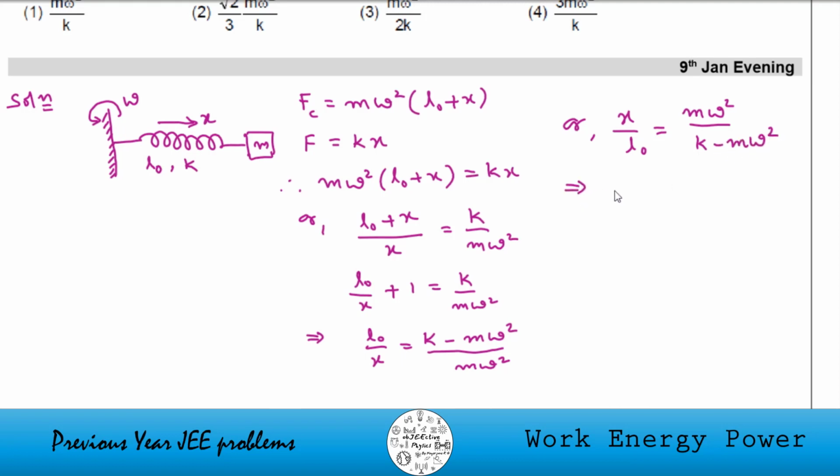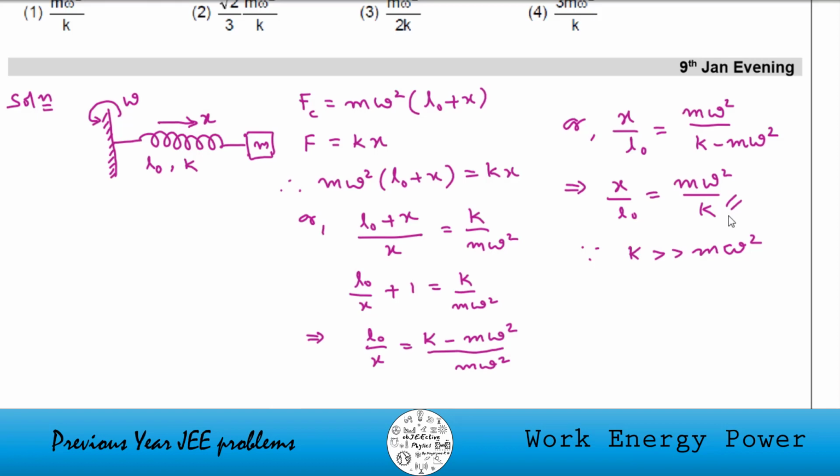So x divided by L naught can be written as m omega square divided by k, because in the question k is very much greater than m omega square, so in the denominator, in the subtraction, m omega square can be neglected.